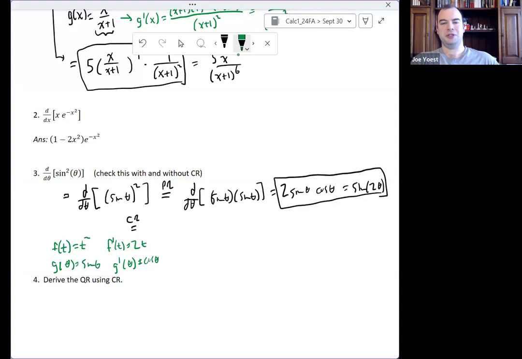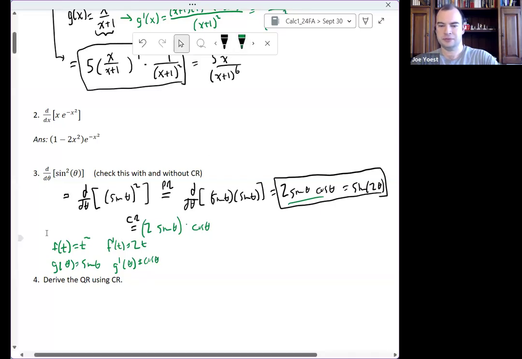So then what do I have by my chain rule? F prime of g, so that's 2 sine theta, just substituting sine theta in for t, times g prime of theta, cos theta. We get exactly the same thing. Any questions on that one?